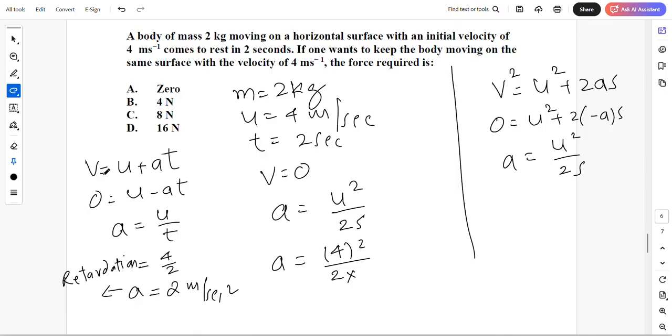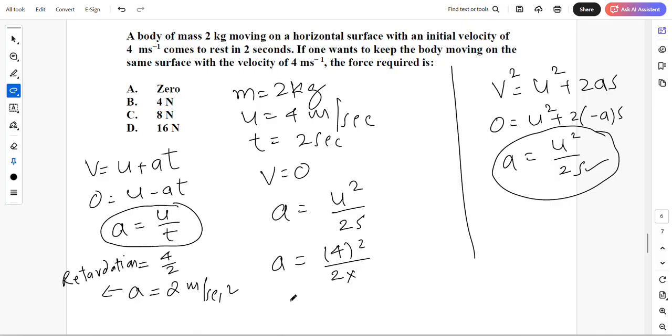Why am I writing minus? Because v is 0 here. Okay. Now, see, if s is not given, don't use this formula. Okay. This is one formula for retardation, and if s is given, this is one more formula for retardation. If t is given. So 2 meters per second square I got.